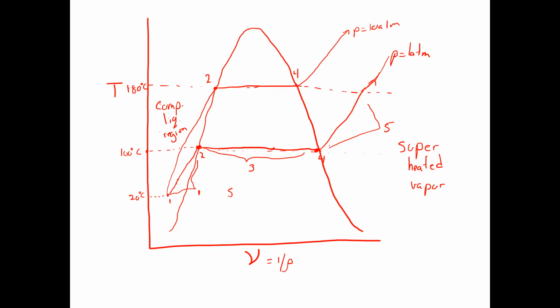This area is called the saturated liquid vapor mixture region, because anytime you're inside of this curve, you have both gas and liquid coexisting at the same time. Anything on this line is called saturated liquid, so it's just called the saturated liquid line. And then this is called the saturated vapor line.